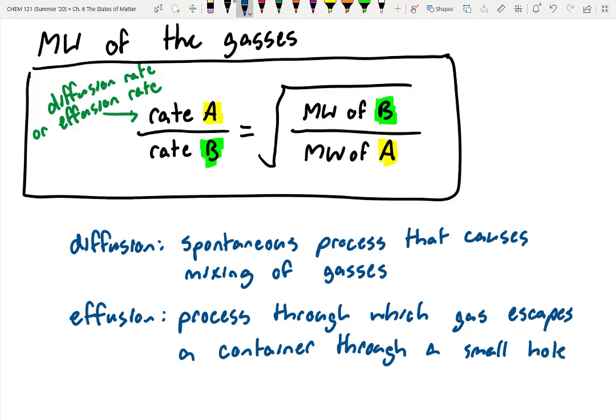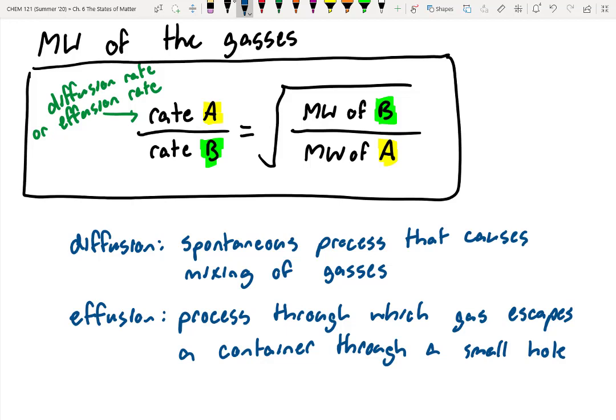So you can imagine, let's say you've got a box containing oxygen and you poke a hole in it. Some of those oxygen molecules on the inside of the box will sneak out of that hole over time, right? That's effusion, which is different than diffusion.